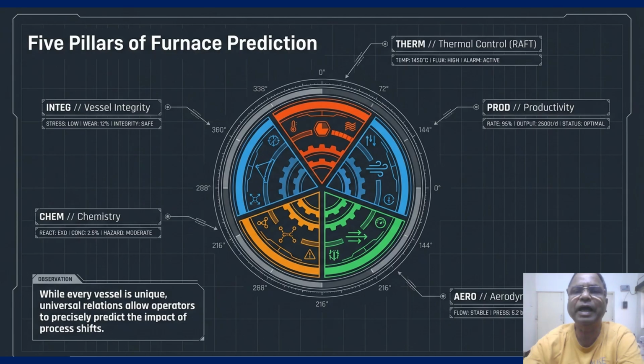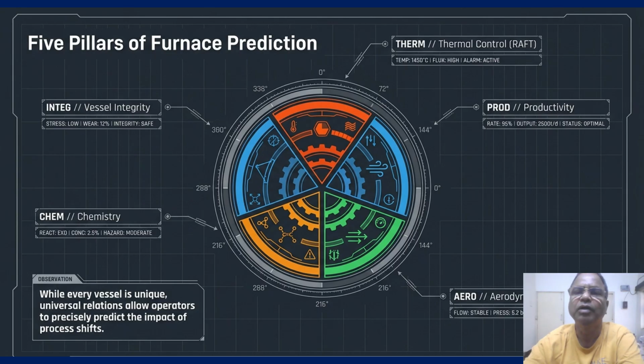While every vessel on this planet is unique in its geometry, these five pillars are connected by universal relations. The so what here is vital. You cannot adjust your chemistry without impacting your aerodynamics. For instance, a hazard in the chemistry sector like high sulfur often requires an adjustment in the thermal sector that could stress your vessel integrity.